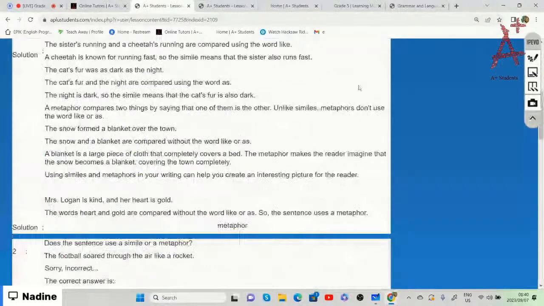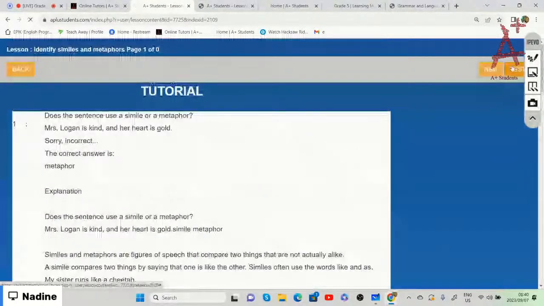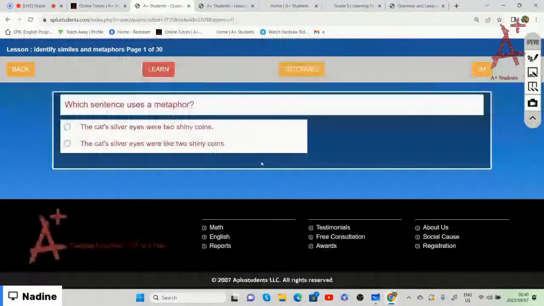Let us go to our test. All right. So now we need to say which one uses a metaphor. This is where we are being put to the test, where we have to identify whether it's a simile or a metaphor. So which sentence uses a metaphor?